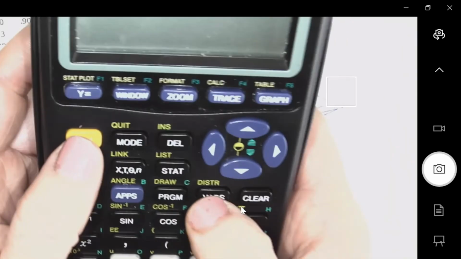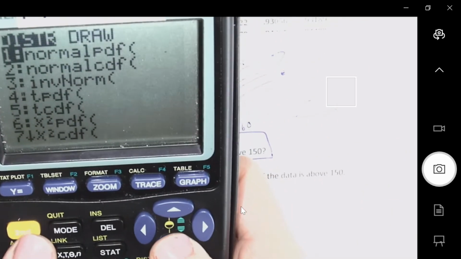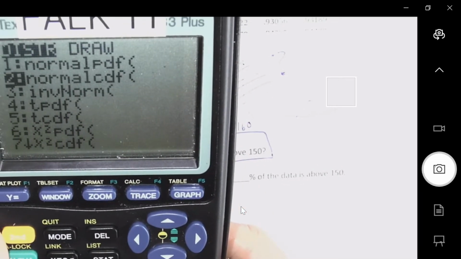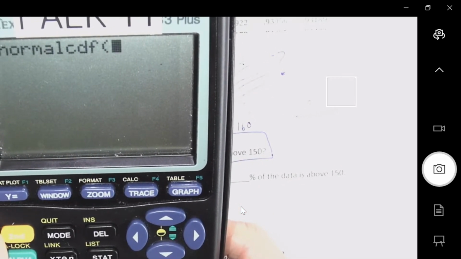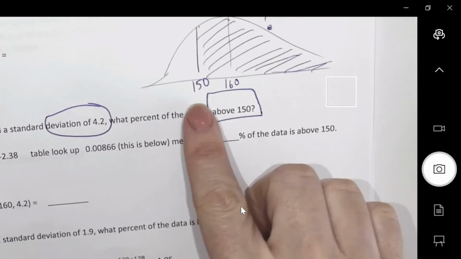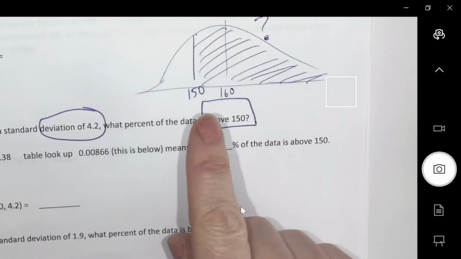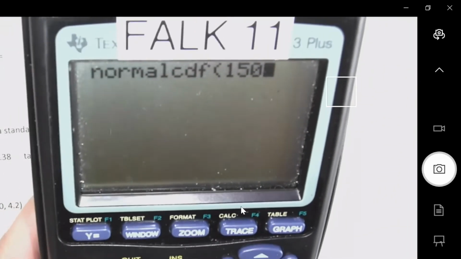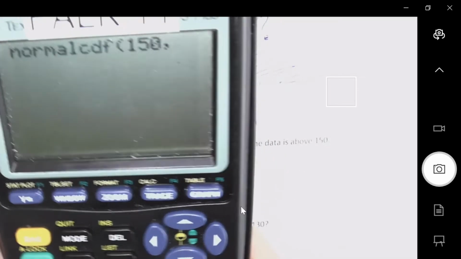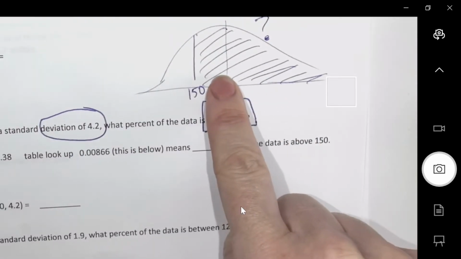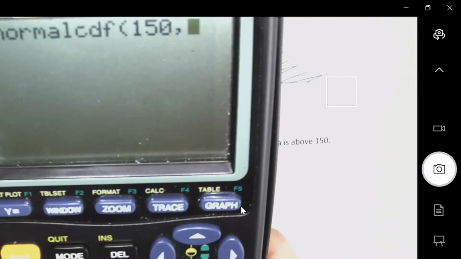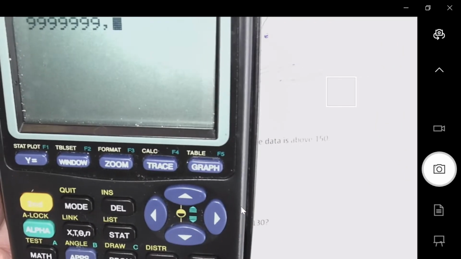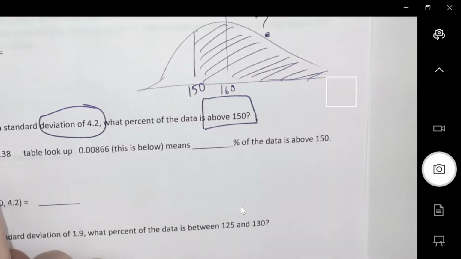Okay, so distribution. Normal CDF. Looking at this, what's the left? The most left is 150, comma. The most right, forever, forever, forever. So 9999999, comma. This is different. What's the mean?